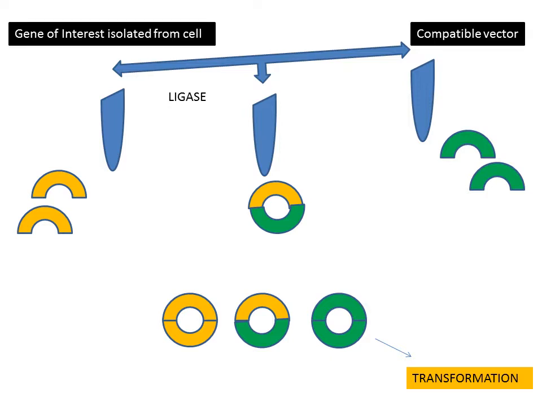Now we have to screen out which DNA is recombinant. Then only can we transfer it to the respective cells. This is done by transformation. So the next topic will be the screening of the recombinant genetic material.